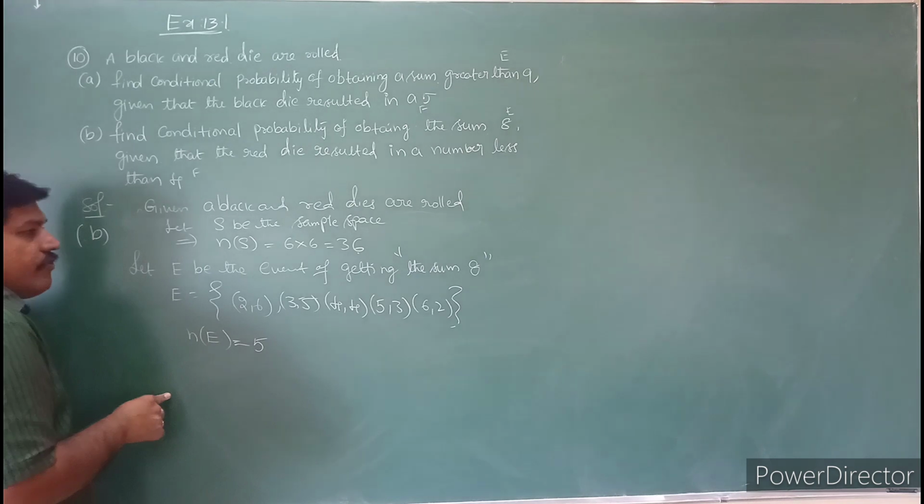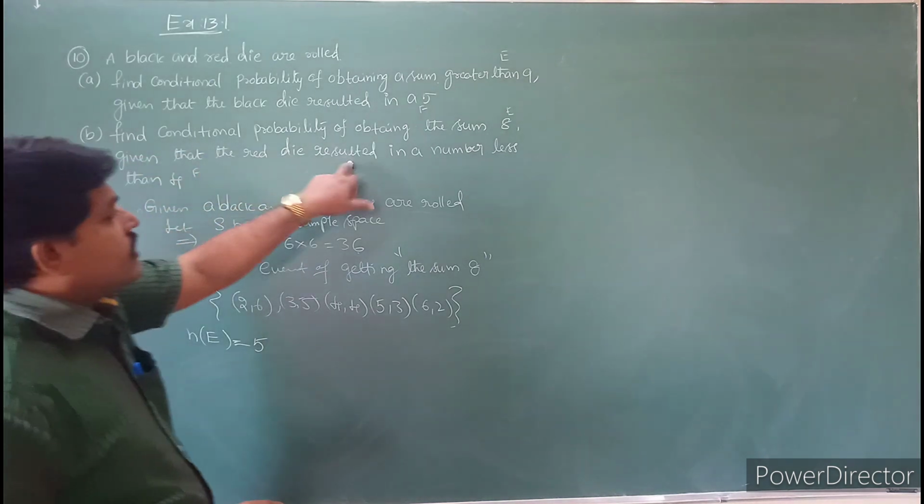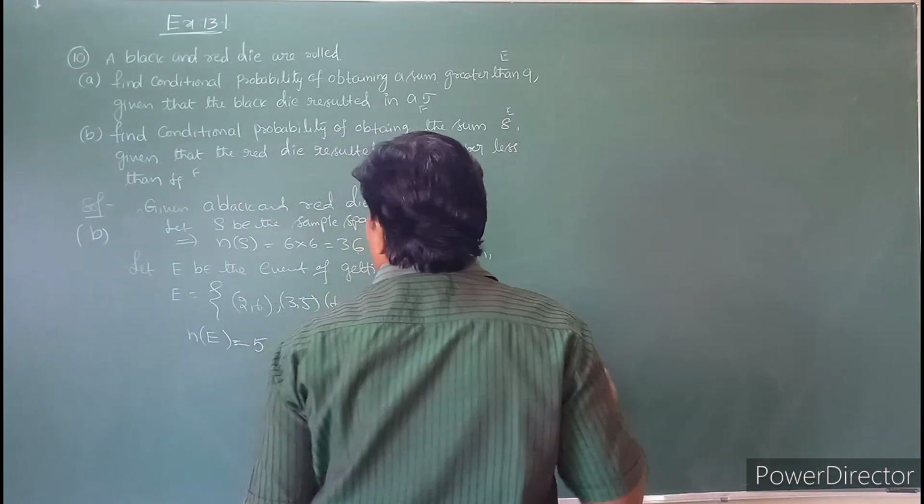Next, what is F? F is important, students. The red die resulted in a number less than 4.